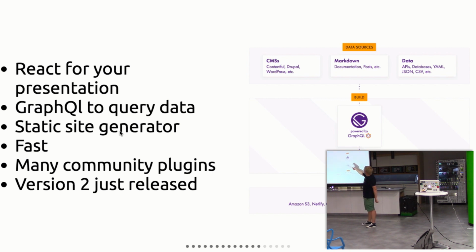And the cool thing about it is you can pretty much query any data, any headless CMS, or even a CMS that's running, maybe even Firebase or something, Google Docs, whatever you want. And then it's fast. And once you build this, you get a static site. And there's tons of community plugins, which is also good. So you don't have to do stuff over and over.